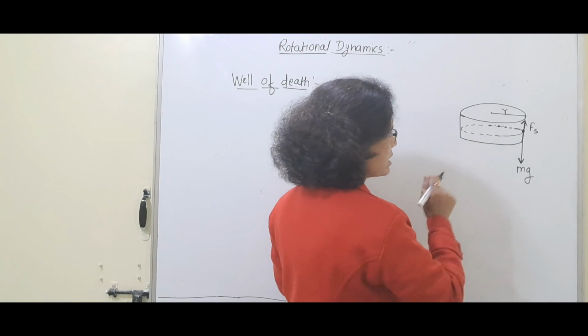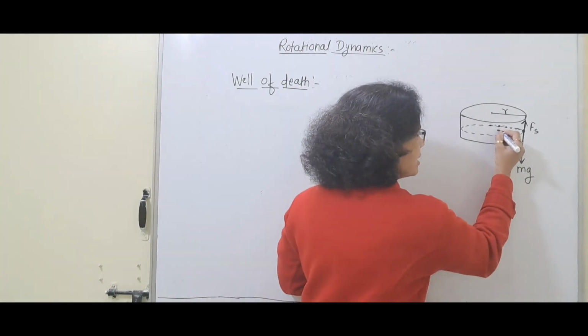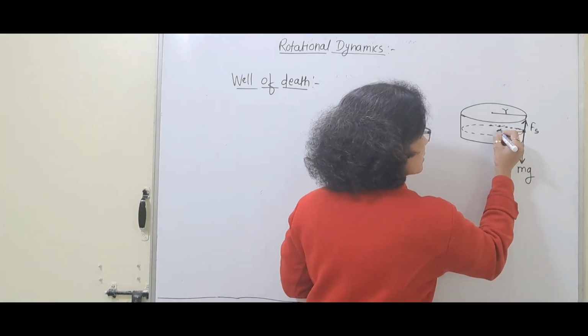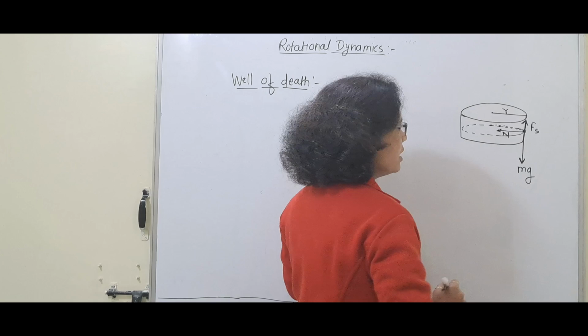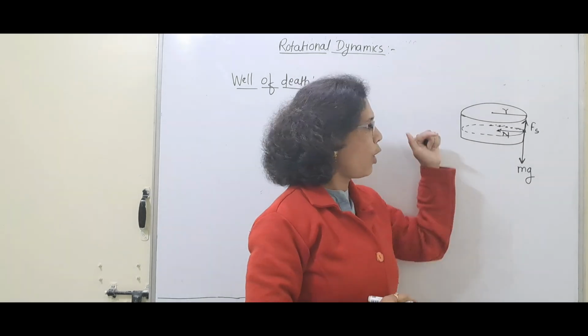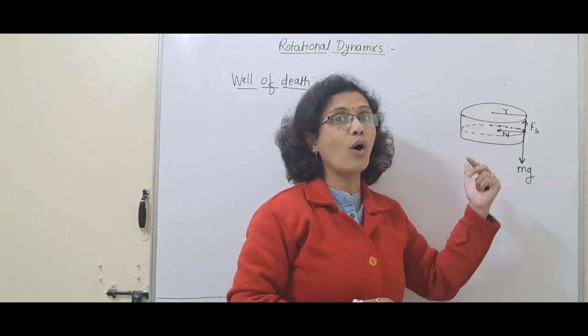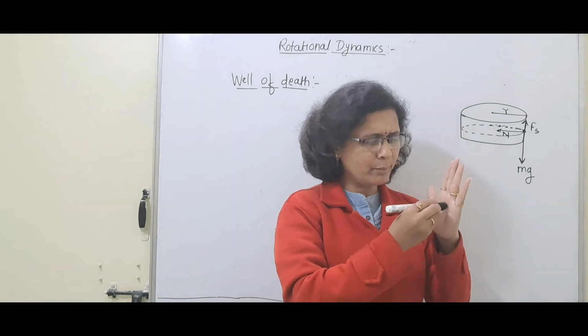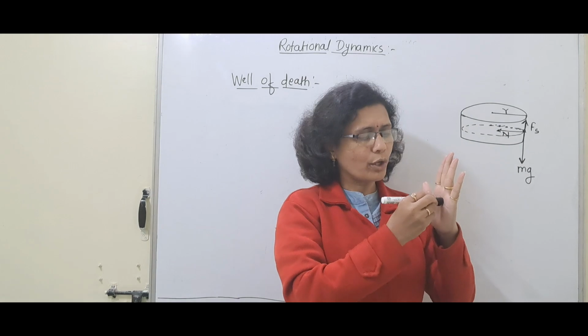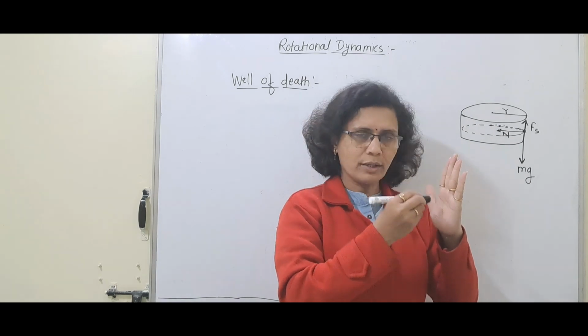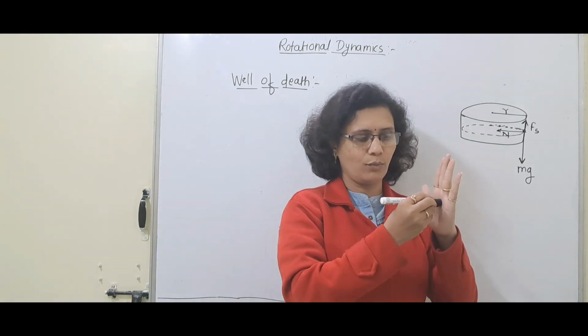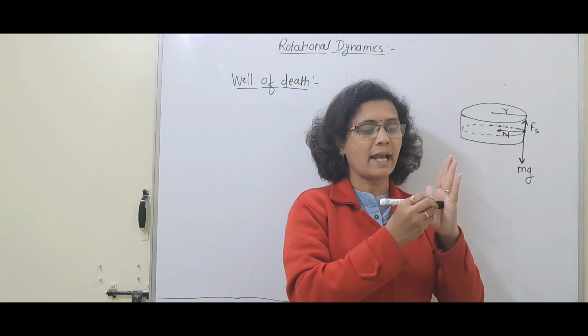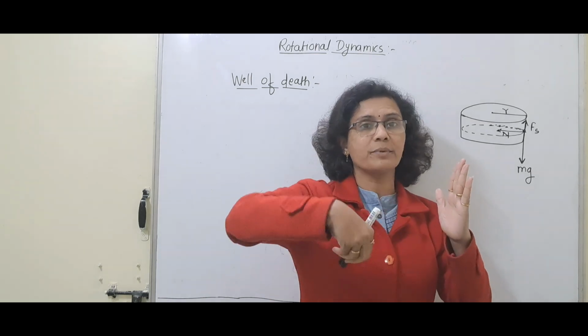Now another force acting here is the normal force, which is acting on the motorcyclist by the wall of the well. If this is the wall and the motorcyclist is here, then the normal force is acting on the motorcycle by the wall, and that normal is acting towards the center of the circular path.